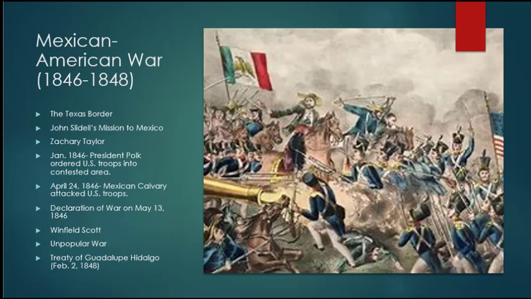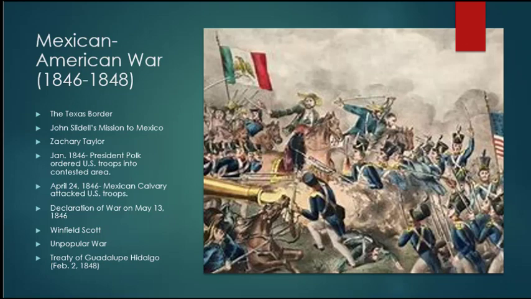When they get word that Slidell was not received in Mexico City, Polk will order Taylor to cross into this disputed territory. So in January 1846, there's news that Slidell is not able to negotiate, and Zachary Taylor's troops go into this disputed territory.